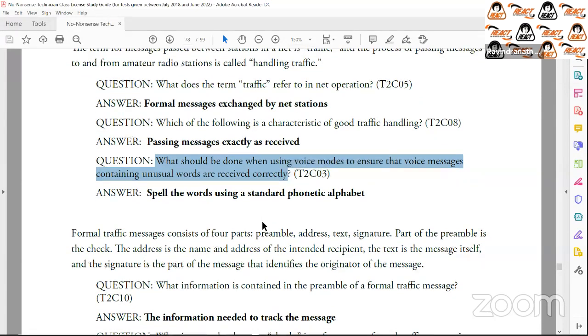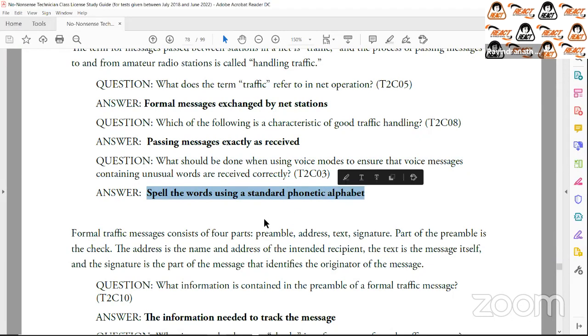What should be done when using voice modes to ensure that voice messages containing unusual words are received correctly? So let's dissect this. It's voice. In other words, we are talking, we are using speech, and we are passing messages, and we want to make sure it's accurate or received correctly. So those are the key elements of this question.